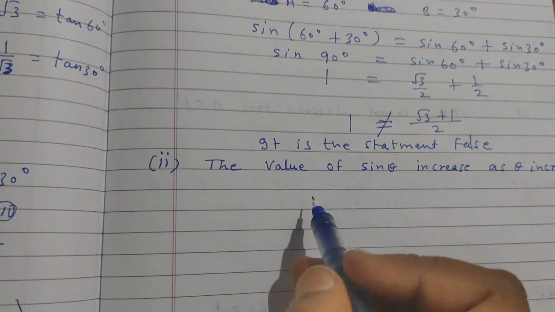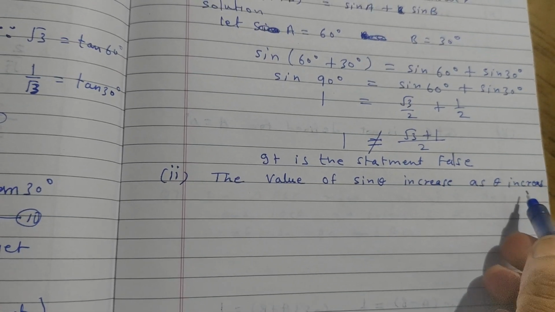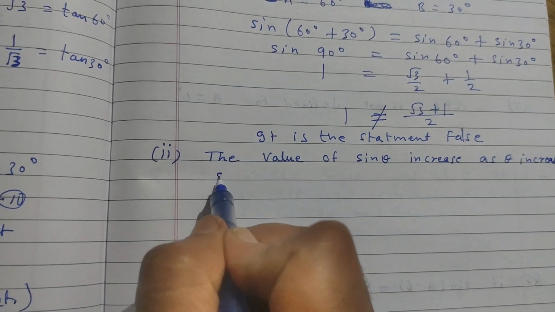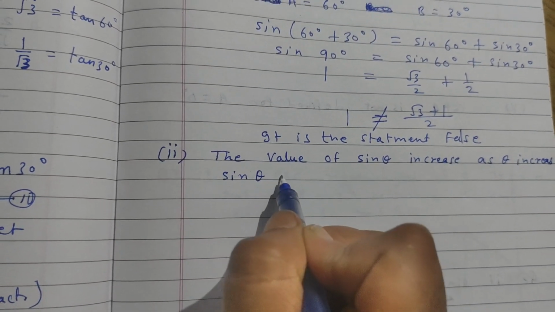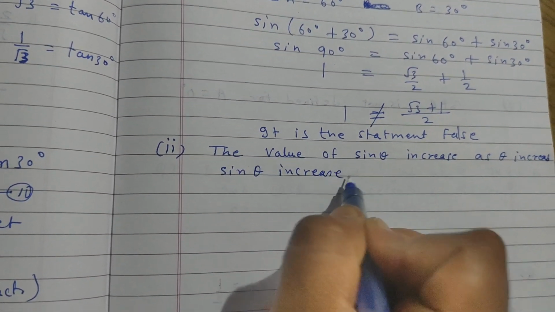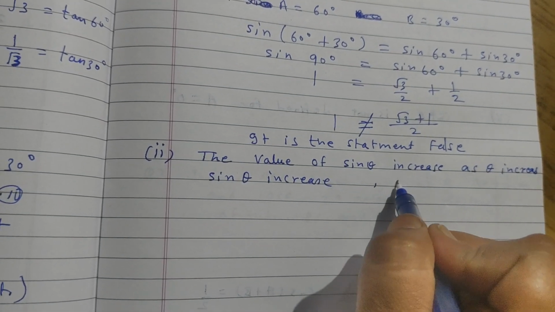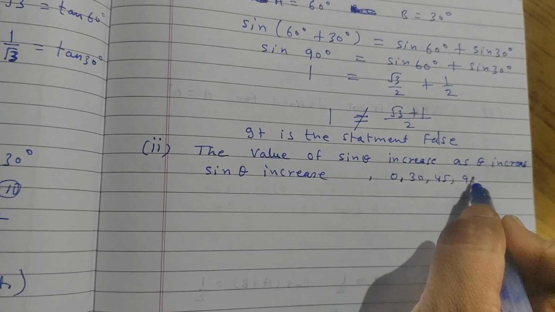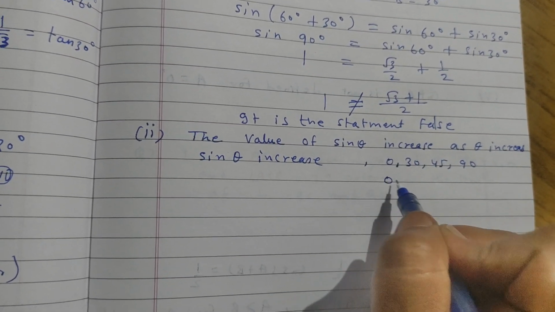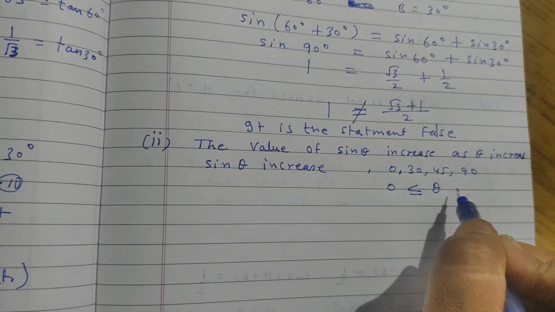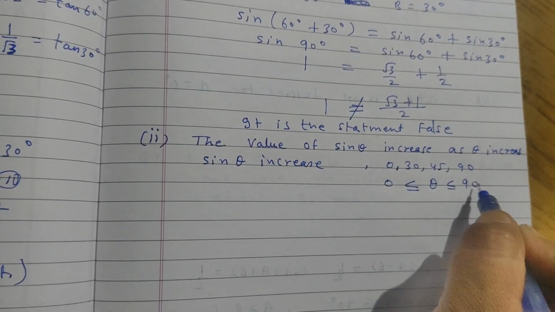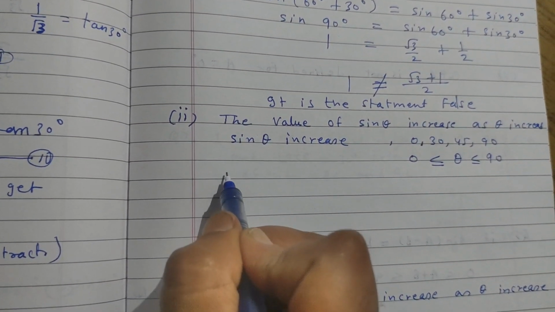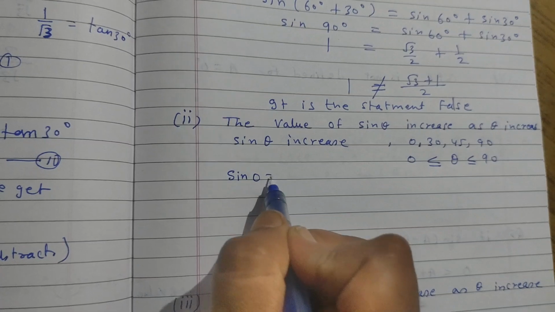The second question is that the value of sin theta increases as theta increases. Here sin theta increases, and we check the values 0, 30, 45, 60, 90, so theta increases from 0 to 90. So sin 0 is equal to 0.